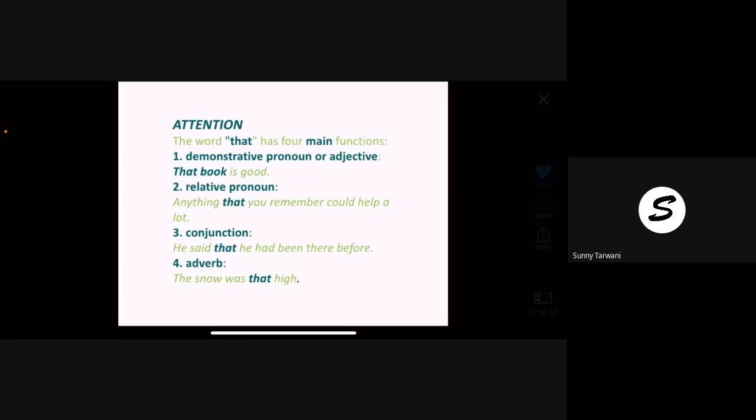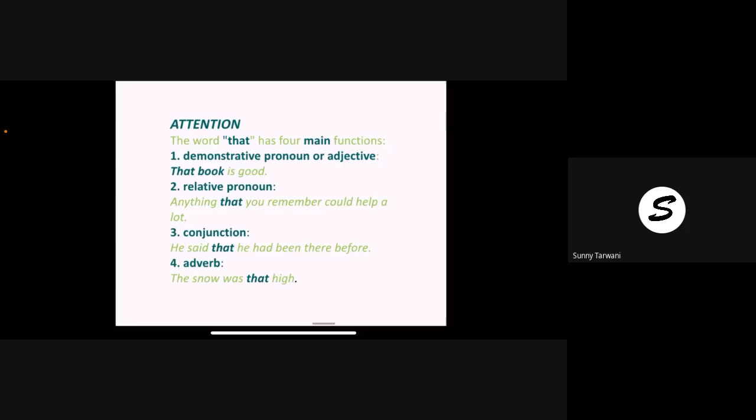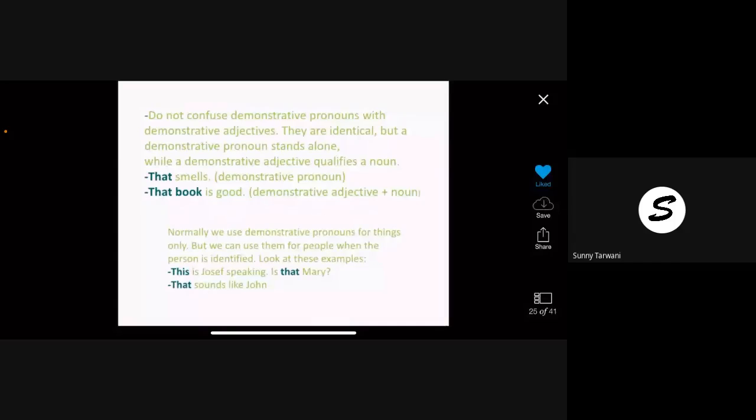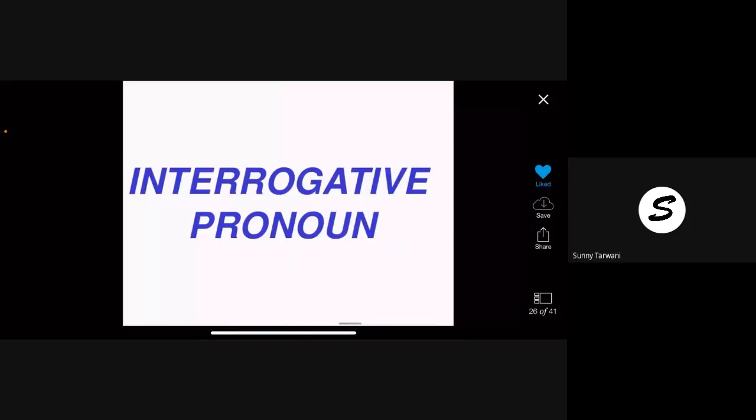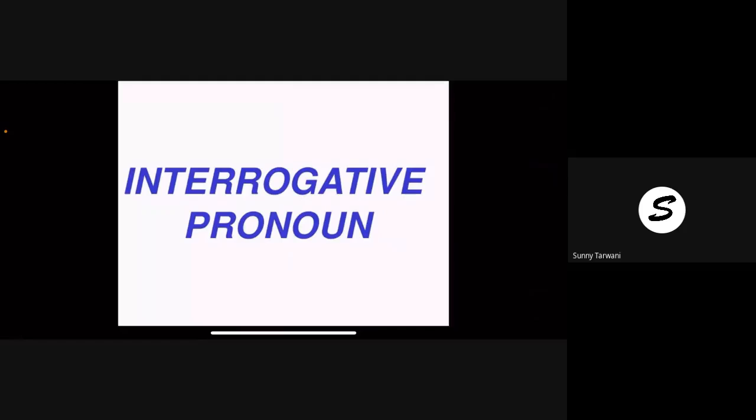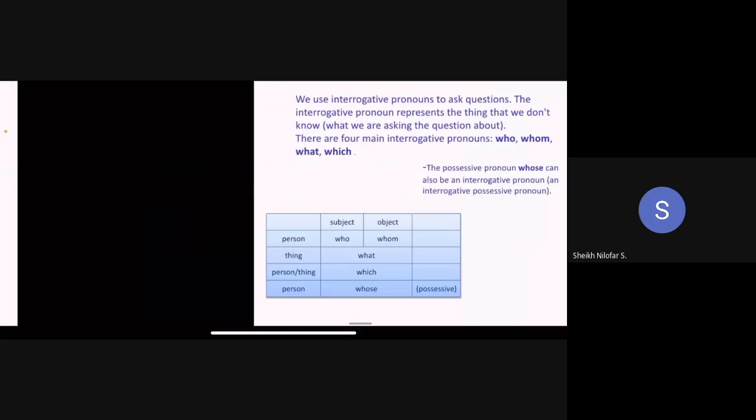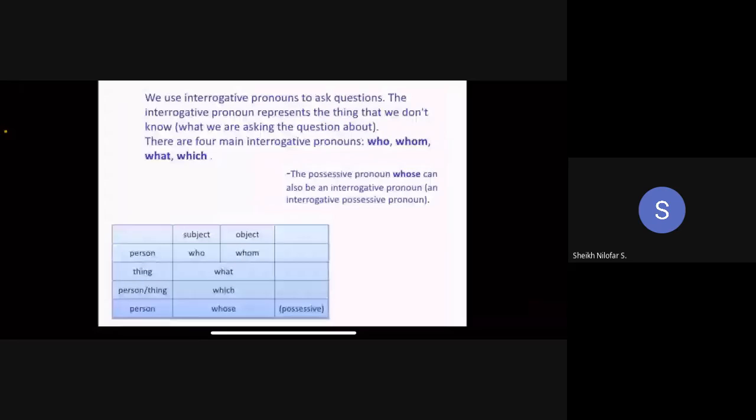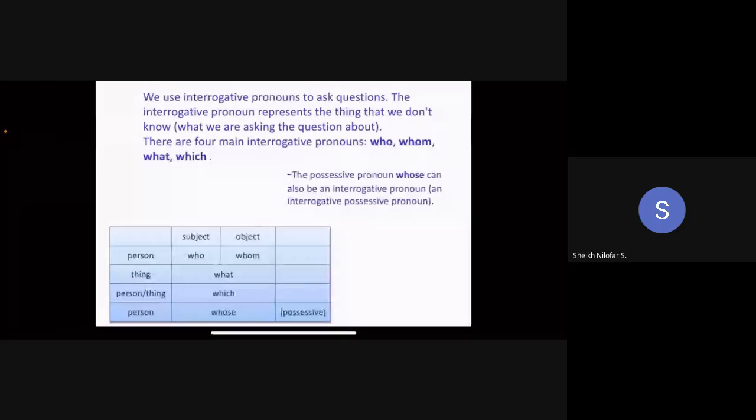Wait, now this we will not read. Now interrogative directly. Interrogative pronoun. We use interrogative pronoun to ask questions. The interrogative pronoun represents the thing that we don't know what we are asking the question about.